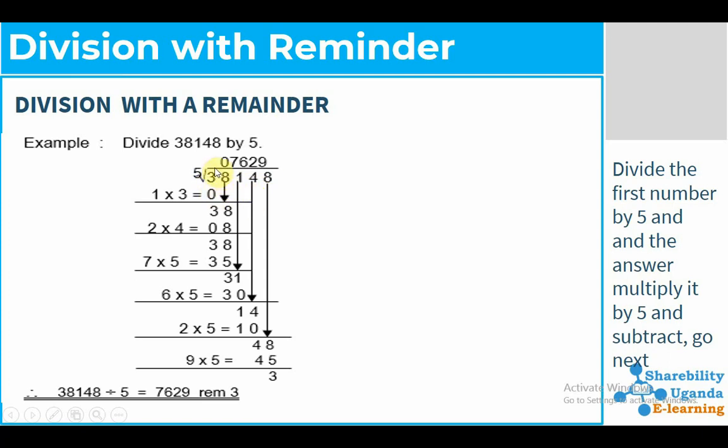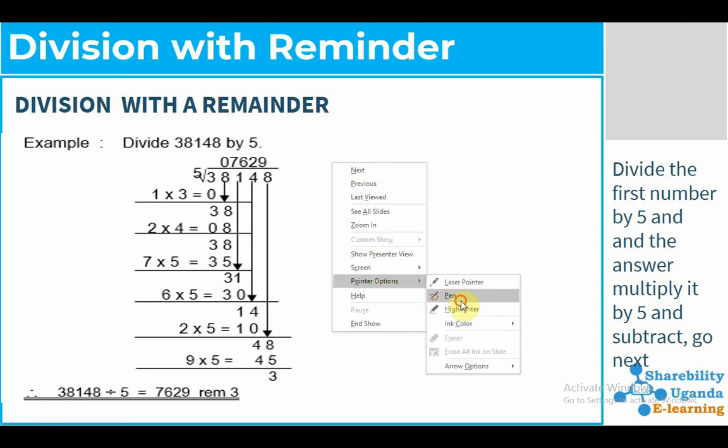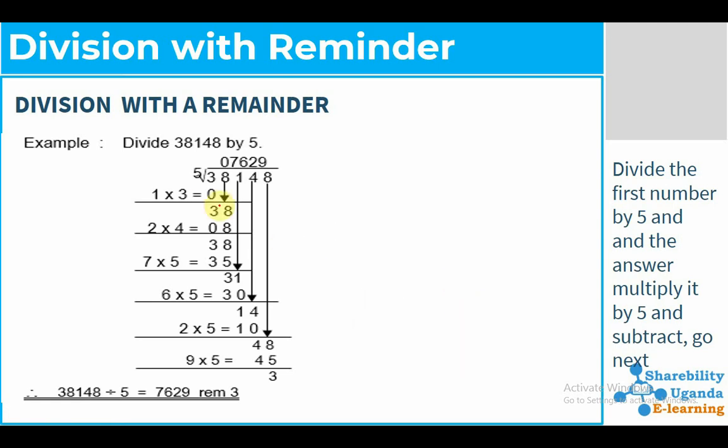You take our first number here, which is a 3, and divide it by 5. When you say 3 divided by 5, this is impossible.